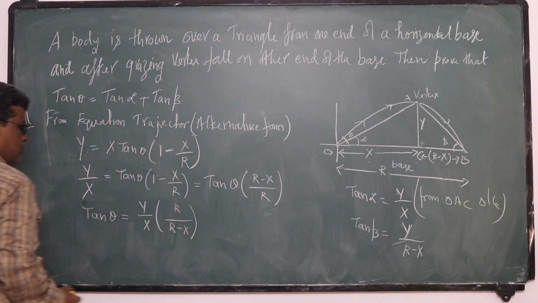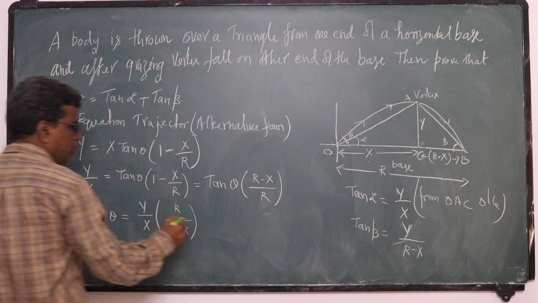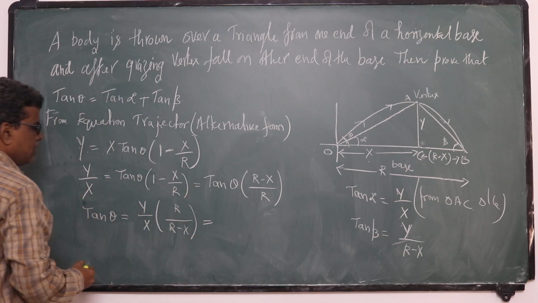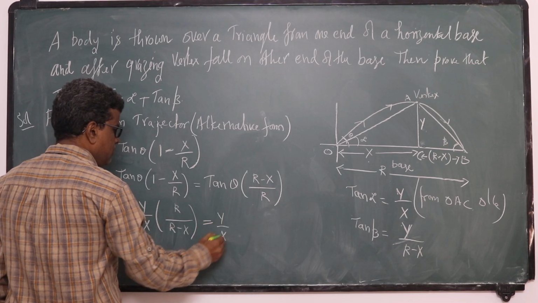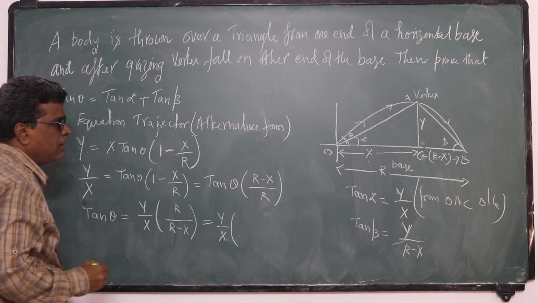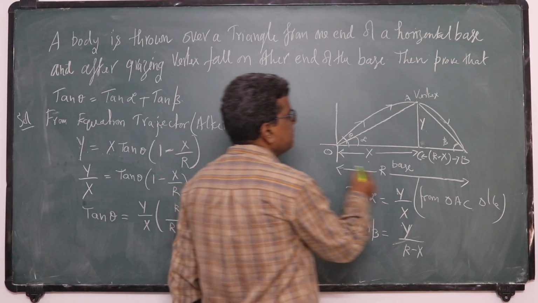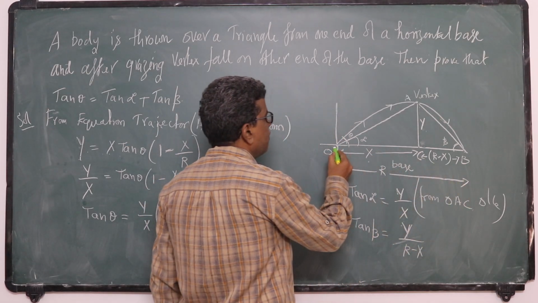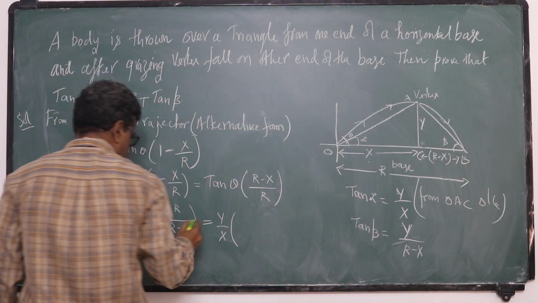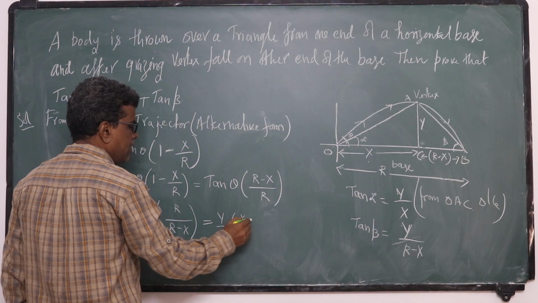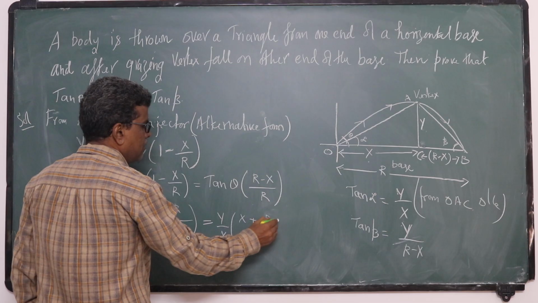Okay. So this can be written as y by x of, instead of r, this is the range. Instead of r, you write x plus r minus x. So instead of r, I am writing x plus r minus x.